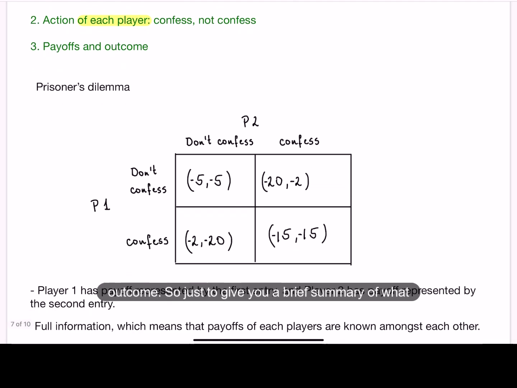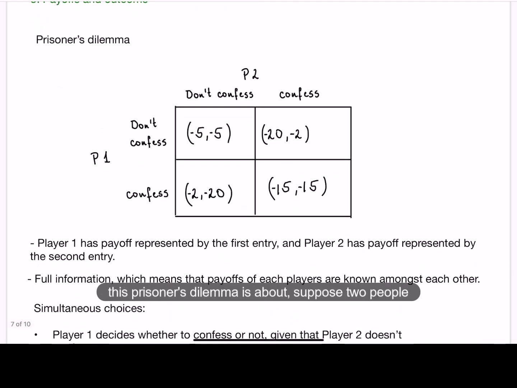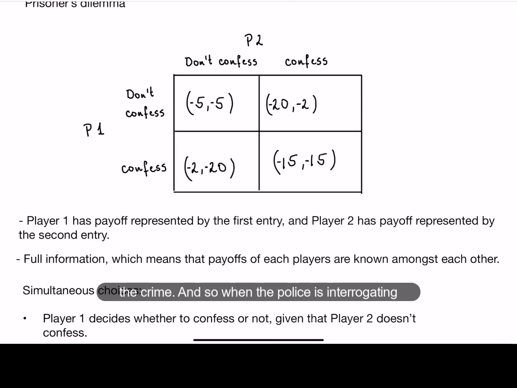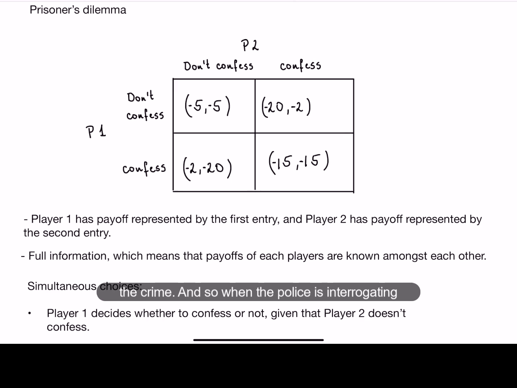So just to give you a brief summary of what this prisoner's dilemma is about, suppose two people committed a crime and that they have been arrested. Now, they are going to be interviewed in two separate rooms, and so the interrogation takes place separately, and there is no communication between the two people who committed the crime.